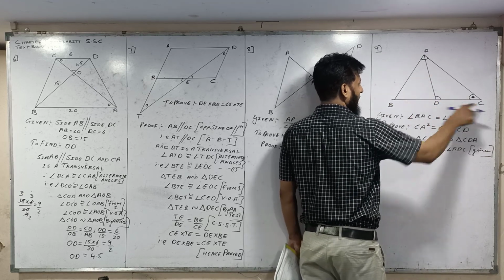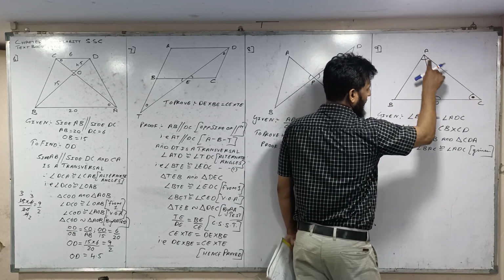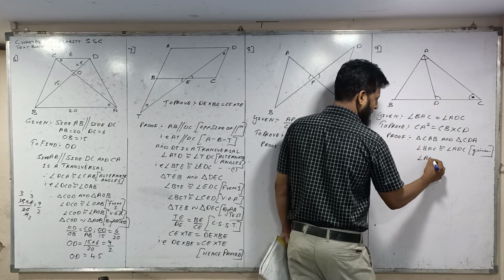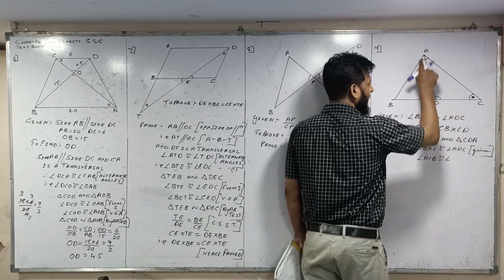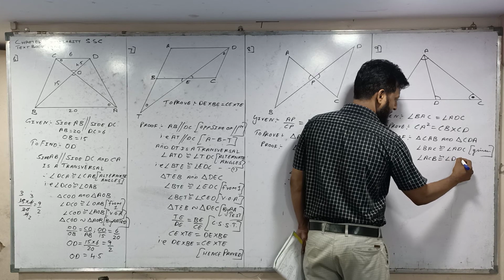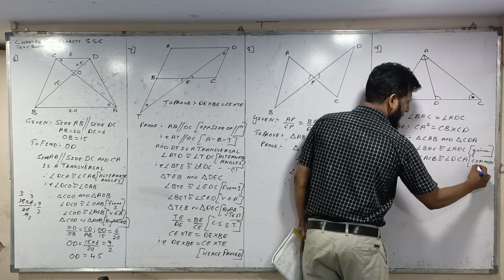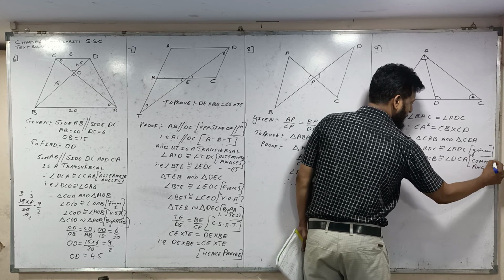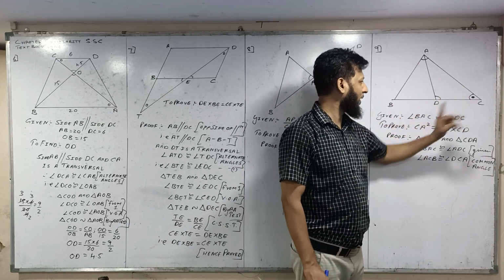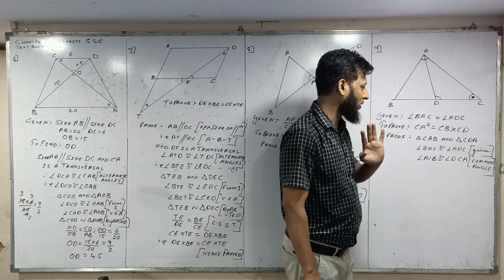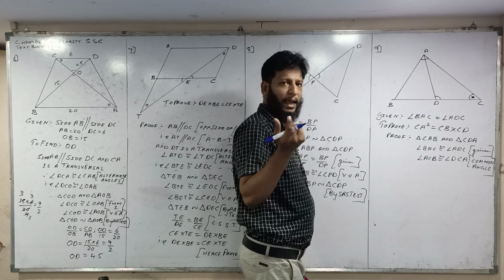For this triangle I will write the name ACB, angle ACB congruent to DCA in this triangle DCA, common angle. Just a different name but the angle is this only. See, ACB this angle, DCA this angle. So we have to give the name according to the triangles, but the angle is the same.